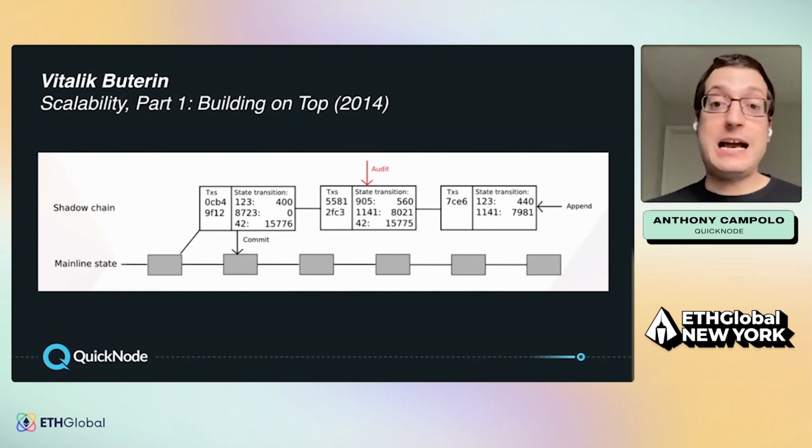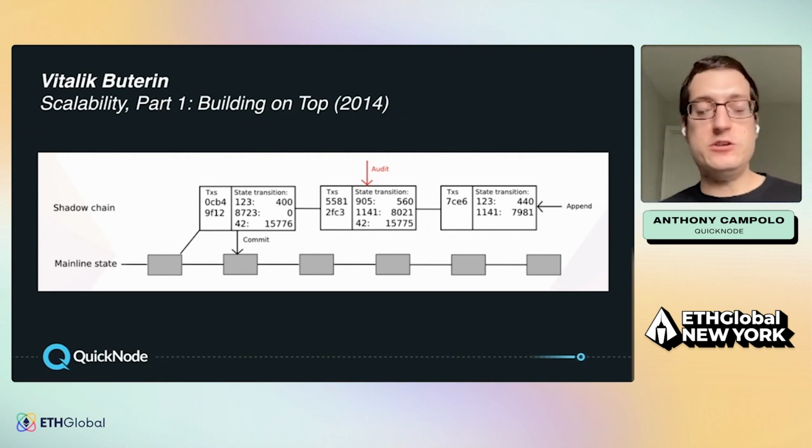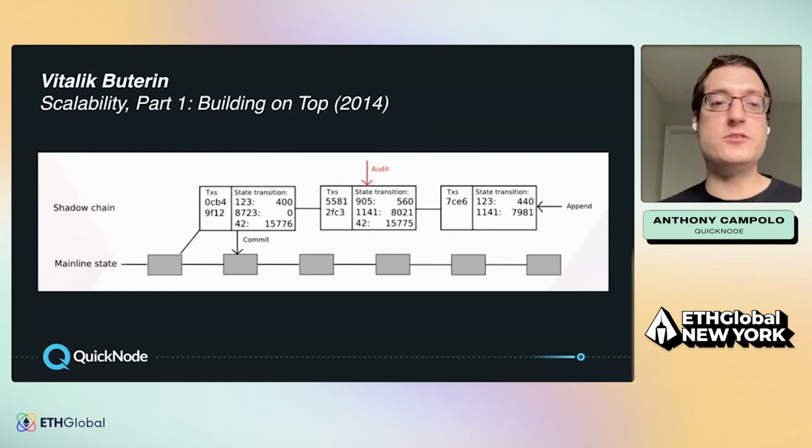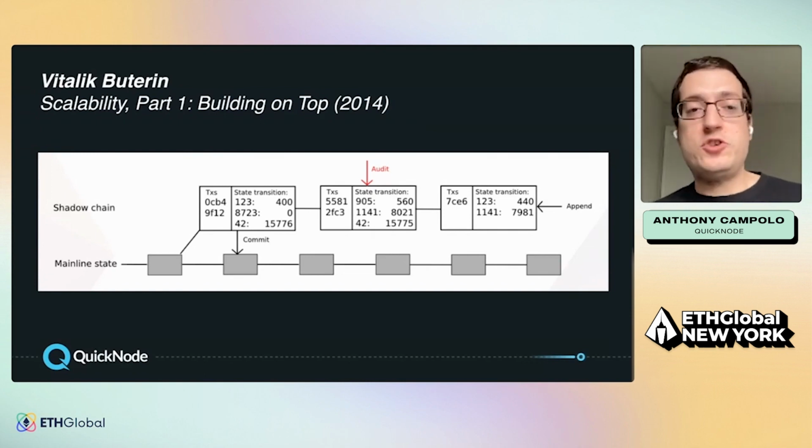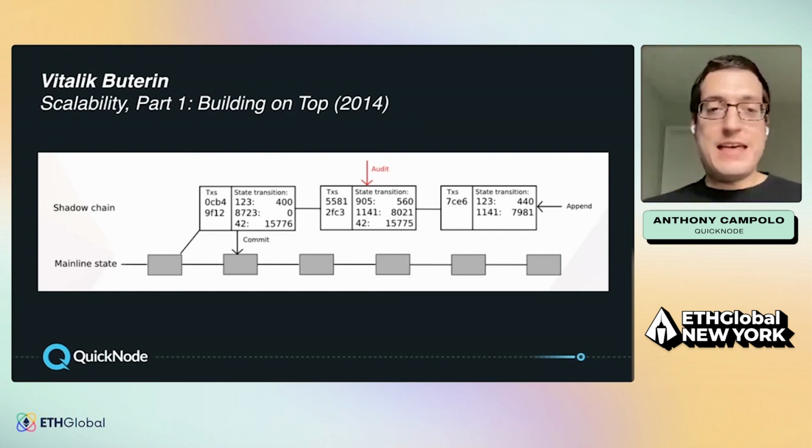And this is a very prescient idea because all of the things we're going to be talking about within the span of this talk are about how do we create a second separate ledger that the first main chain, which is Ethereum, can interact with and can use to offload transactions somewhere else. So here there's the mainline state, and then there's the shadow chain. And the shadow chain will have transactions, and then those transactions will get combined together into some smaller representation and then put back on the main line.